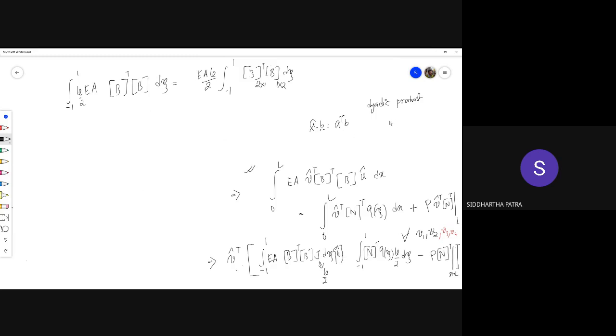Then A dyadic B would be A B transpose. And therefore, A dyadic B would be a matrix, and the ijth component of that would be A i B j.